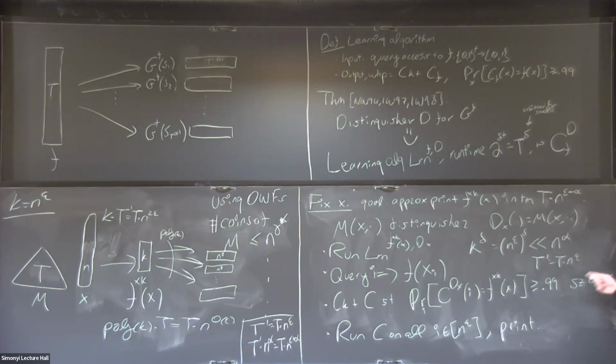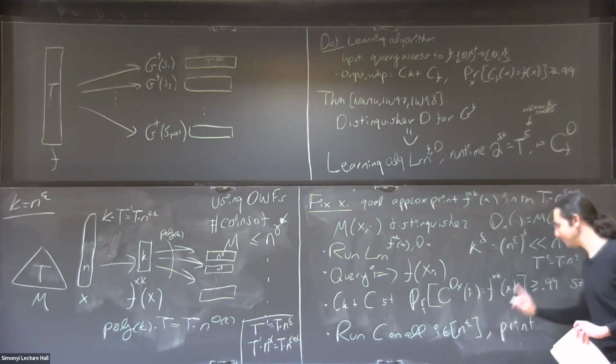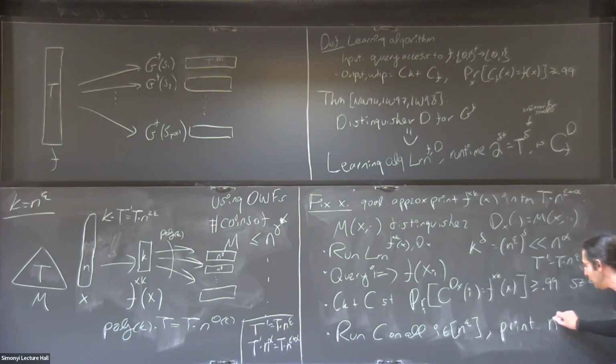Now we are going to run this circuit on all of the indices, and for each index we are going to need to query the distinguisher, which runs in time t. So we're running this circuit on all indices, right? It's n to the alpha times n to the epsilon. And each time we are calling the original machine M that runs in time t. So it's time t, and we are again below the target running time.